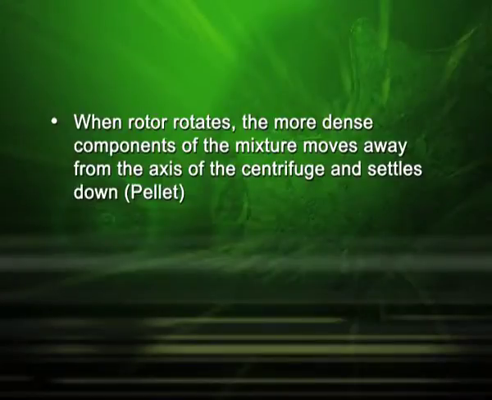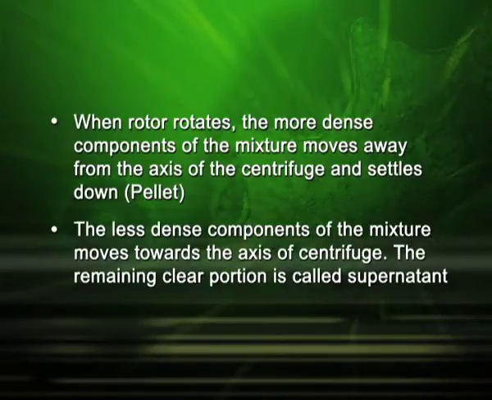When the rotor rotates, the more dense components of the cellular components settle down because they have a tendency to move away from the axis of the centrifuge, whereas the less dense components of the mixture move towards the axis of the centrifuge, and this remaining clear portion of the solution is known as supernatant, whereas the more dense components of the mixture which got settled down is called pellet.